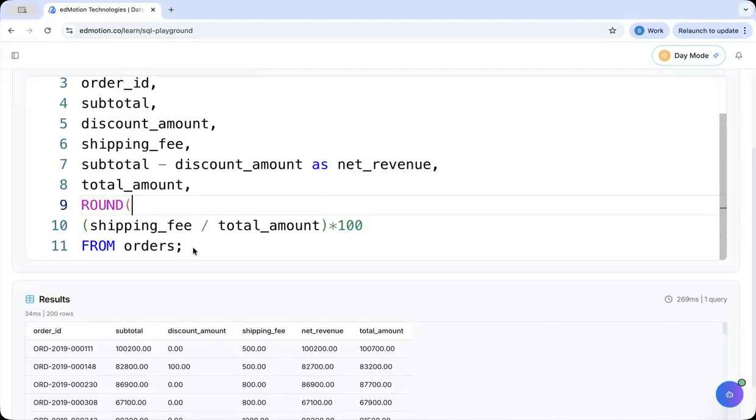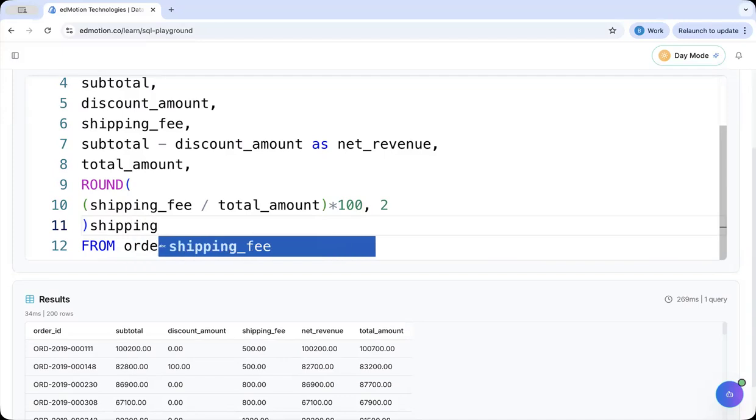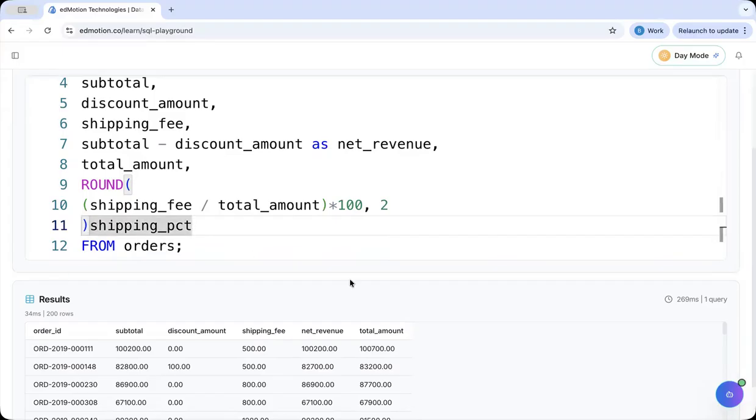And just put the parentheses here, and I want it to be in two decimal places. Then I would call this shipping percentage. All right, so this is going to be an alias.